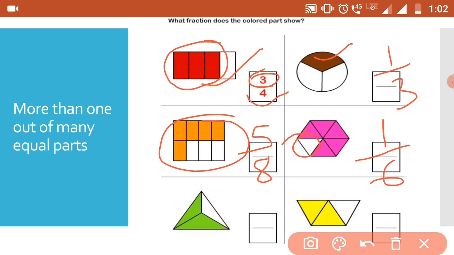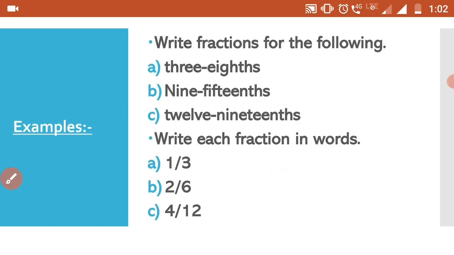So the fraction will be 1/6 for the non-colored part, and in this also 1/3 for the non-colored part. In this also 1/3 for the non-colored part. So you can write down the fraction according to the question, whether it is asked for the colored part or the non-colored part. Okay, now let's move forward.